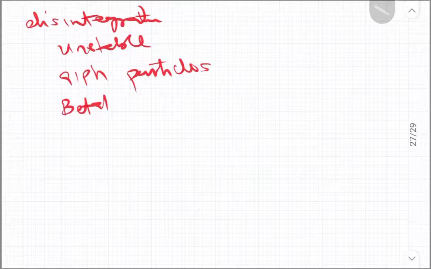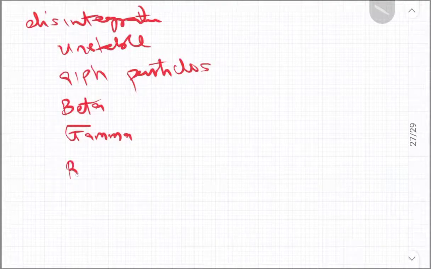I'm going to tell you what a beta particle is in a minute. Beta particles and gamma particles. That J is somewhat funny too. It's funny. Okay, and also the release of energy.